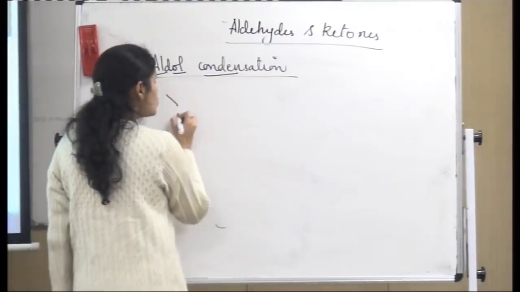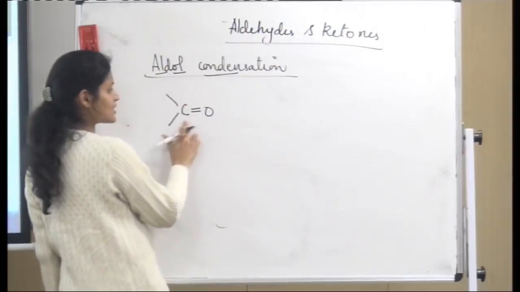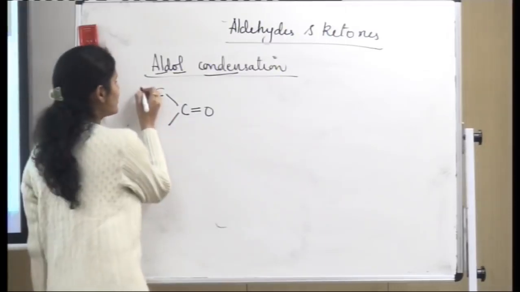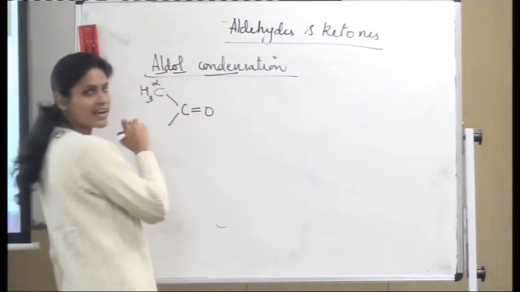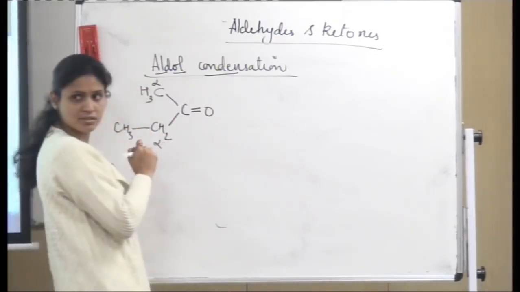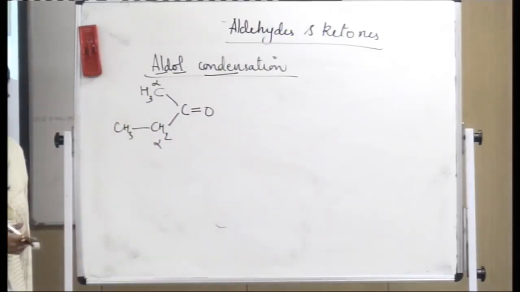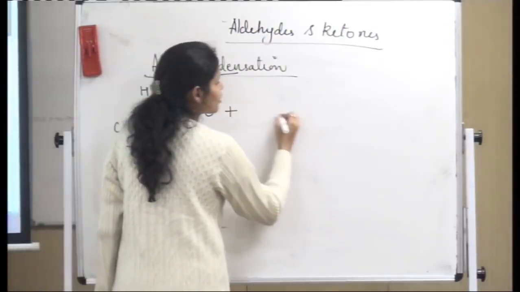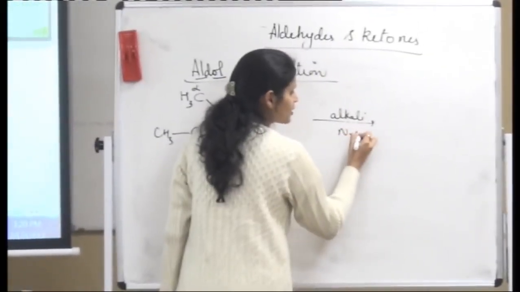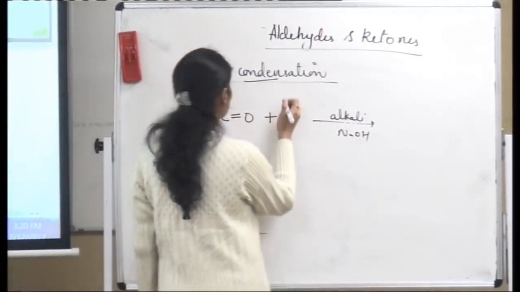So whenever 2 aldehydes have alpha hydrogens, that means the carbon next to the carbonyl group is the alpha carbon, and any hydrogen next to carbonyl is alpha hydrogen. Any aldehyde or ketone having an alpha hydrogen in presence of weak alkali, we can use NaOH, combines with another molecule of aldehyde or ketone to form aldols, right?